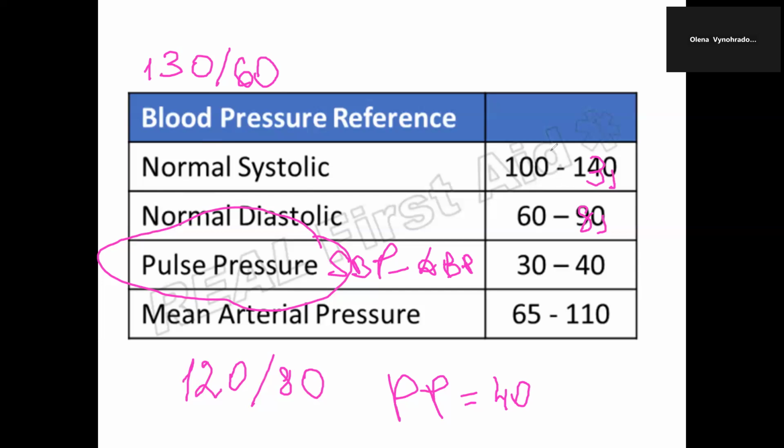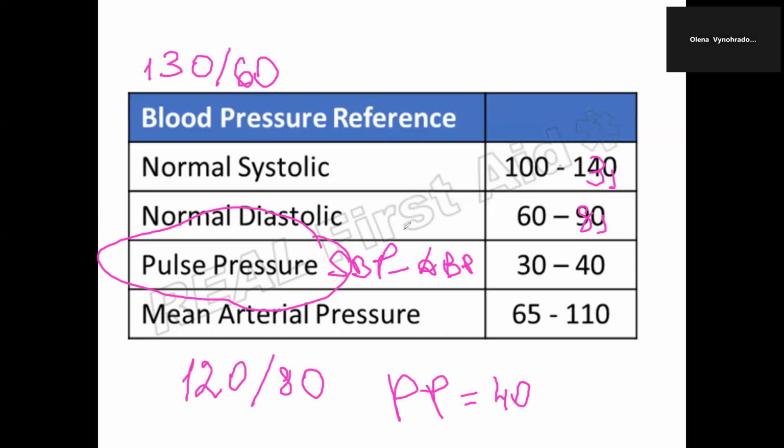Till 139, it's normal. Diastolic is also fine, right? But will it be fine for a person with 130 by 60? It will not be fine. This person will feel bad because the pulse pressure, you see, is so huge.